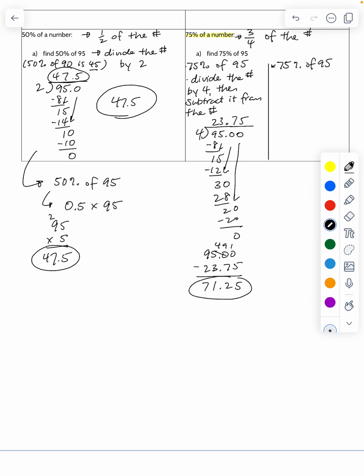So if we do it the other way, we go 0.75 times 95. Okay, so again, you're converting it to a decimal. I can kind of use this answer to help me, that I know I'm going to get that answer.